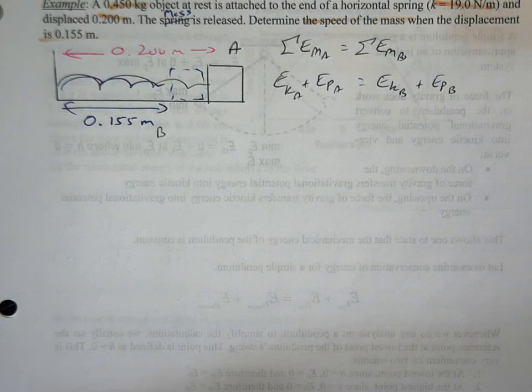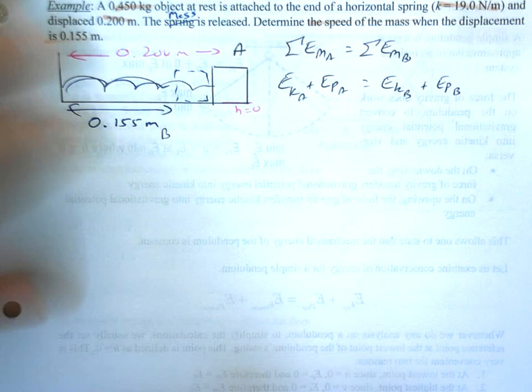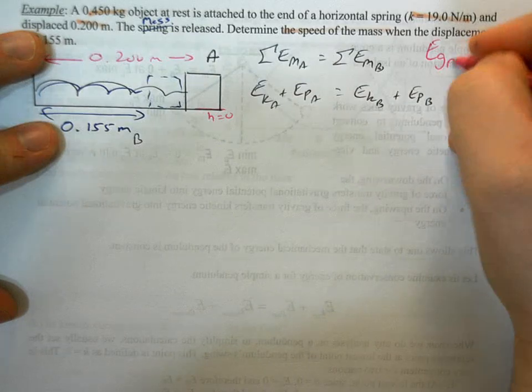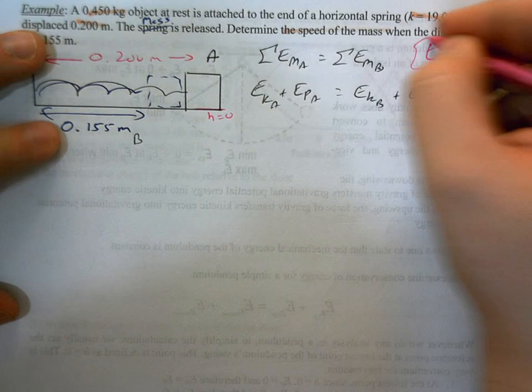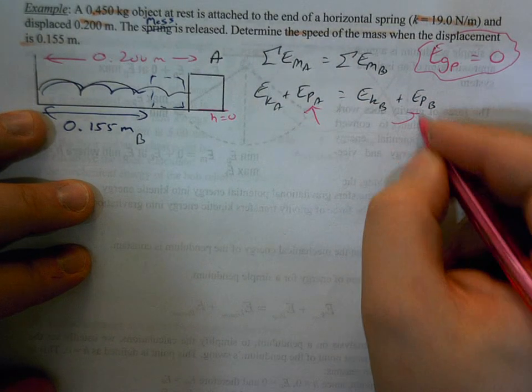I'm going to set this as my reference height of 0. So I could just say that E gravitational potential equals 0 for the whole thing. So when I'm dealing with potential energy, we're actually dealing with elastic potential.